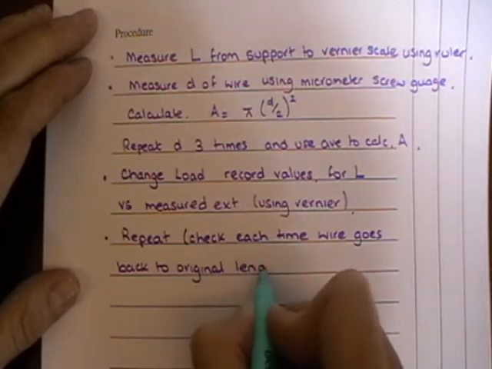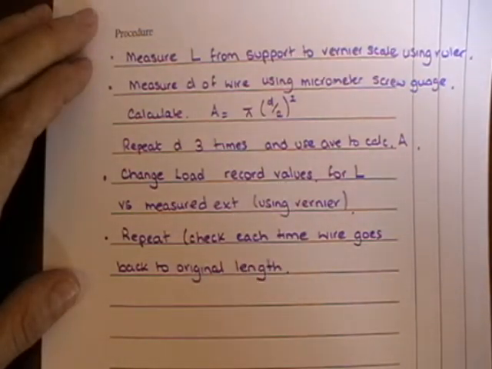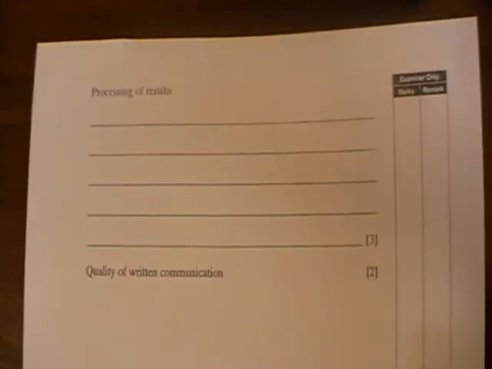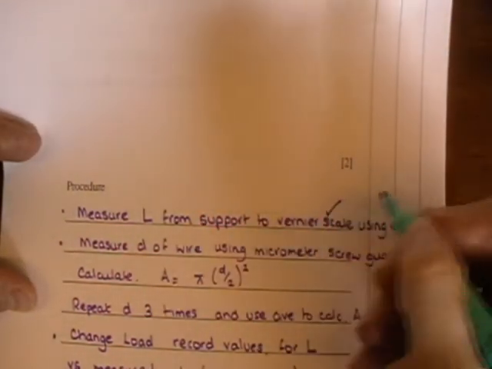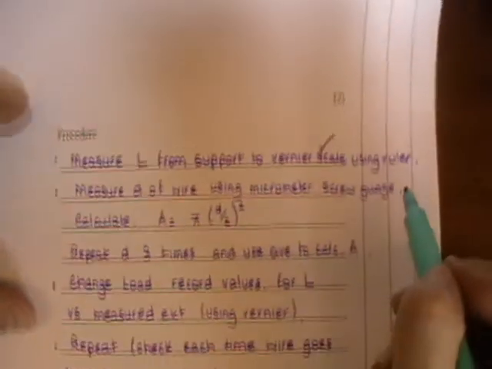Now you could go on to describe the graphs that you're going to draw here, but it asks you over the page how you process the results. There's 5 marks for the description, and if we look over the page, 3 marks for the processing of the results. So that's what graph do you draw and what do you calculate. So the marks here: measure the length gives you 1 mark, and always say what you're using to measure it.